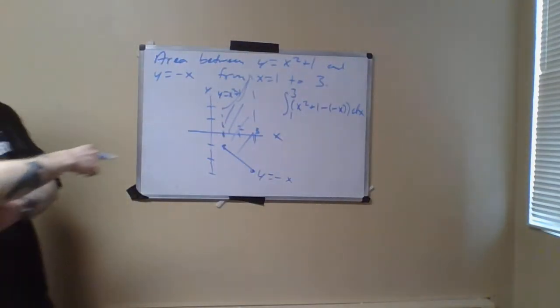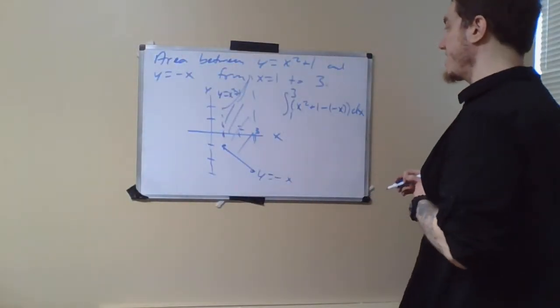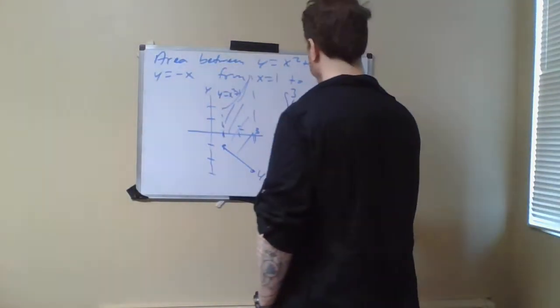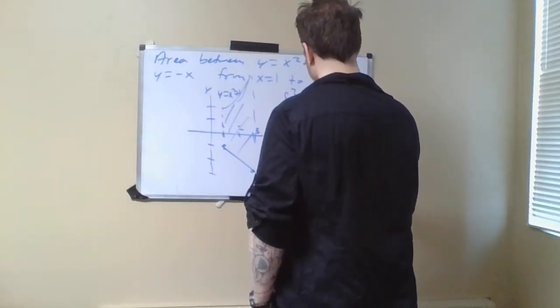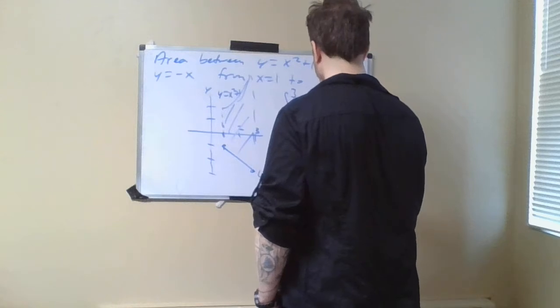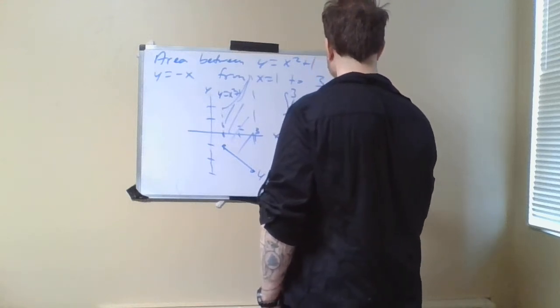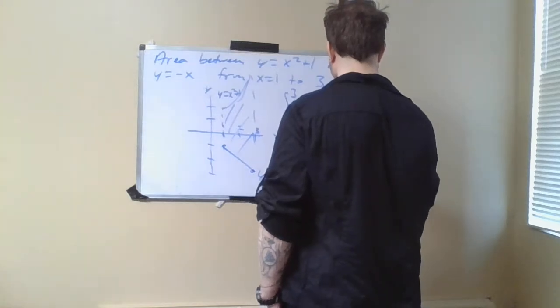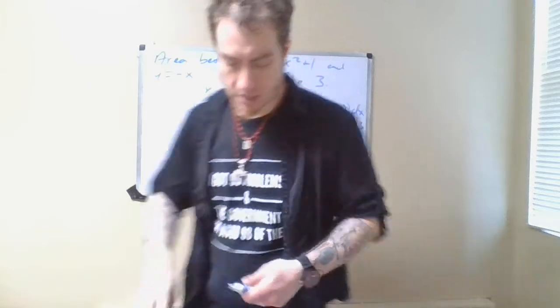All right, so now how do we do this? Well, this is a reasonably straightforward integral to do. We know how to find this antiderivative. This is going to become x cubed over 3 plus x, and then plus x squared over 2, and we evaluate that from 1 up to 3.